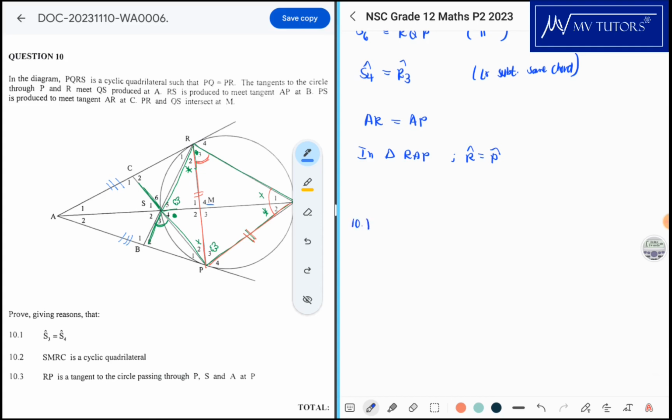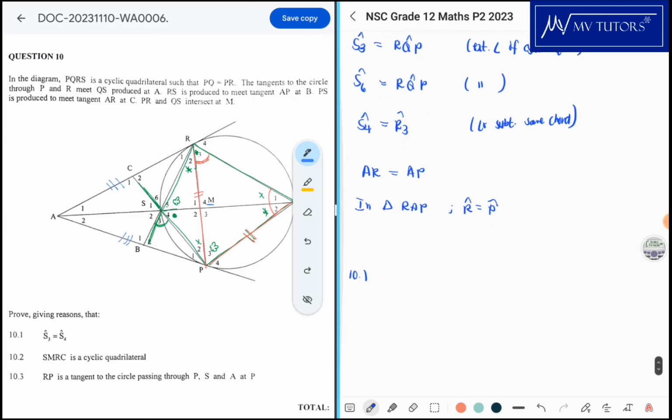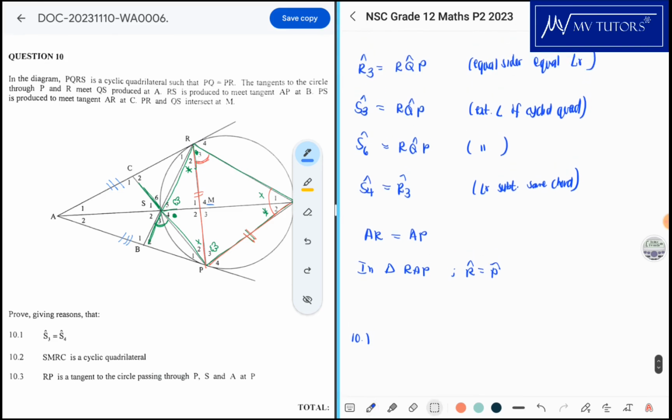So 10.1: prove, giving reasons, that S3 is equal to S4. Okay, do we say anything about S3 over here? Yes, we did. We said that S3 is equal to RQP, so we can start there. You can start there that S3 is equal to RQP.